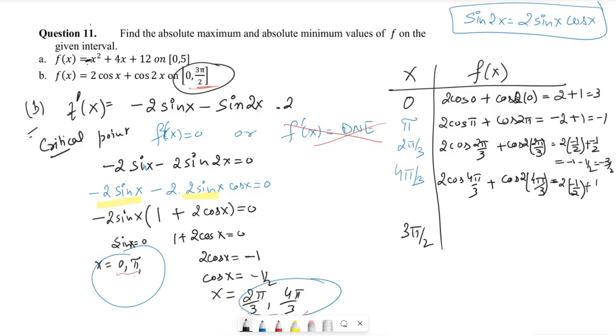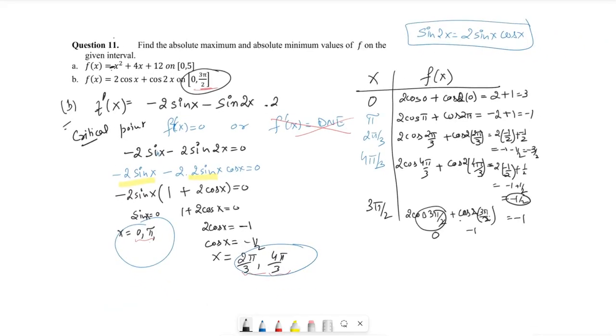That's going to be half. So that is negative 1 plus half is equal to negative half. 3 pi by 2. 2 cosine 3 pi by 2 plus cosine 2 times 3 pi by 2. Cosine 3 pi by 2 is 0. This 2 cancels. Cosine 3 pi is negative 1. So basically negative 1.